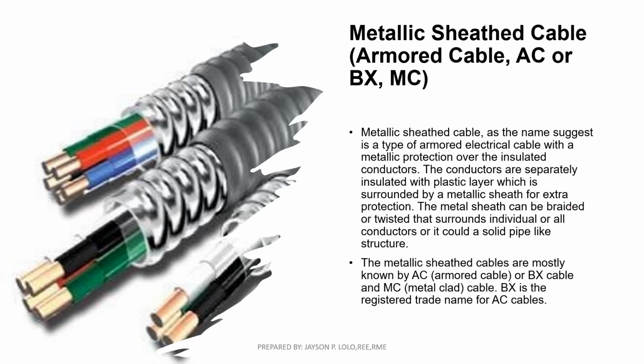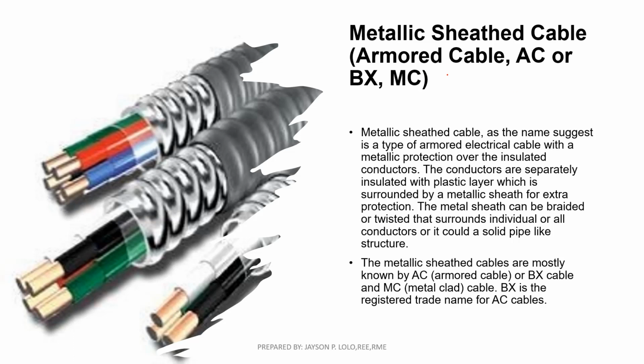The metal sheet can be braided or twisted that surrounds individual conductors, or it could be a solid pipe-like structure. This is commonly used in underground and also in air installation, but in high voltage requirements.